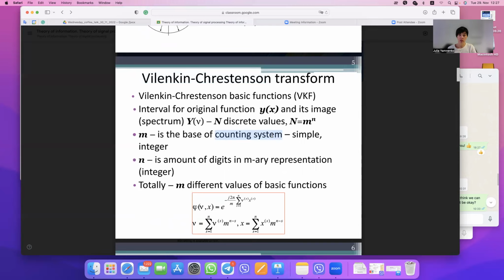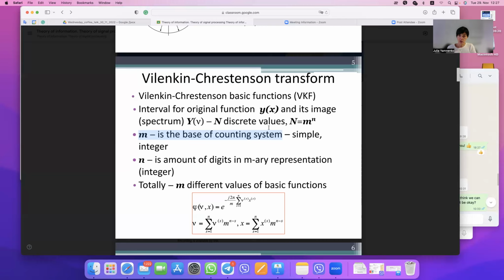It will be a counting system with the base m. You see, m is the base of the counting system, and this m could be any prime integer number. So it could be 3, 4, not 4, it's not prime, 3, 5, 7, 11, and so on.